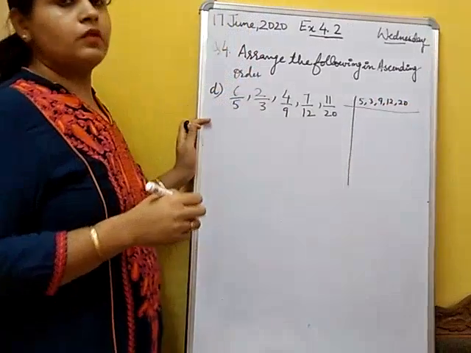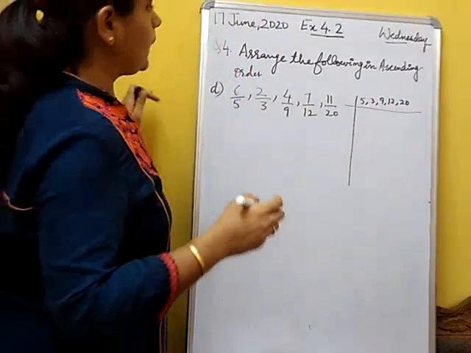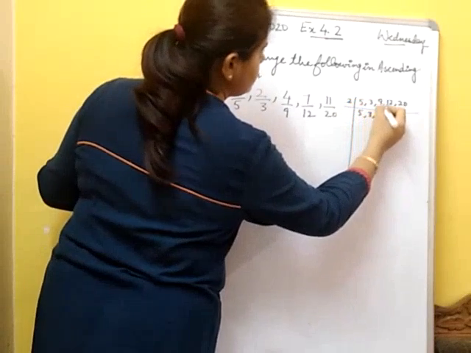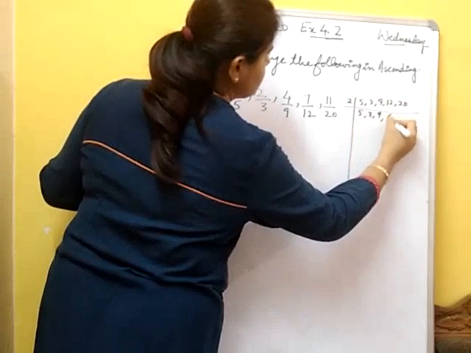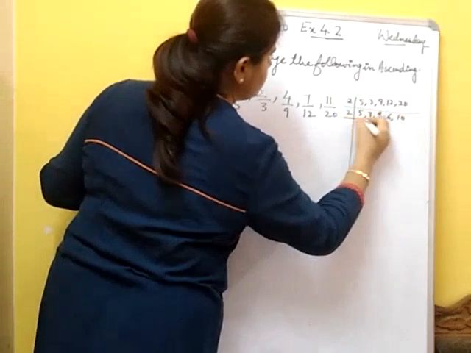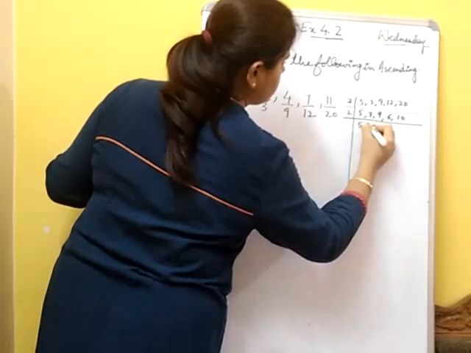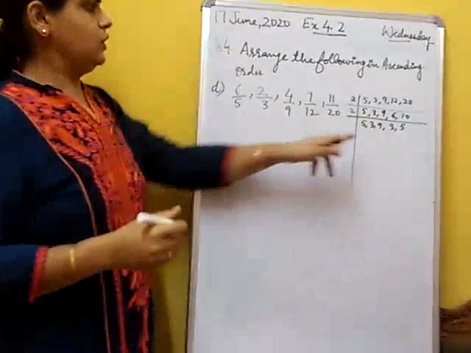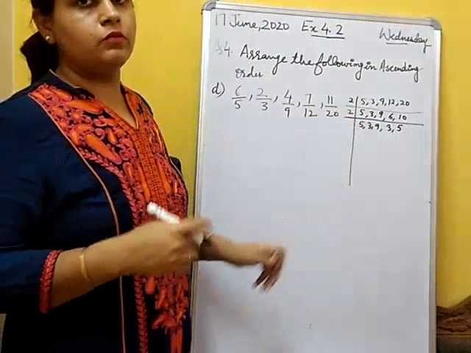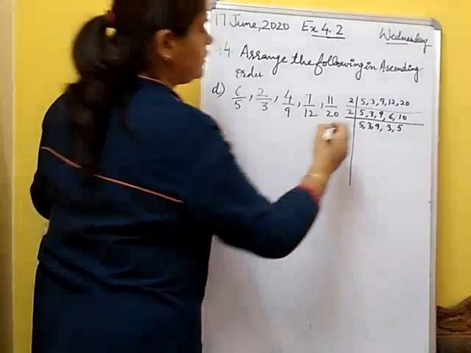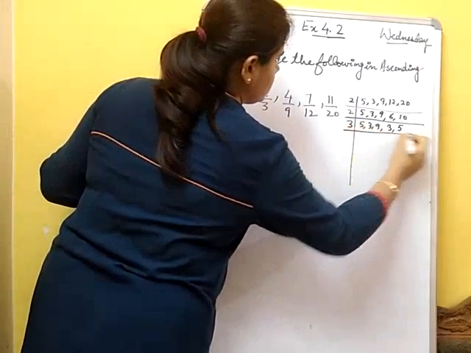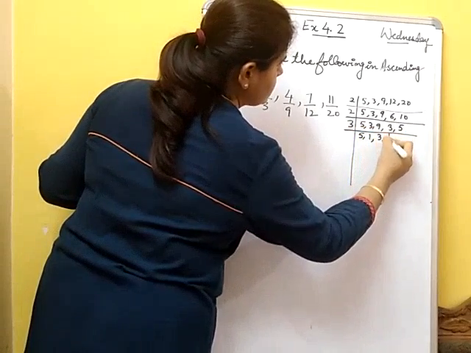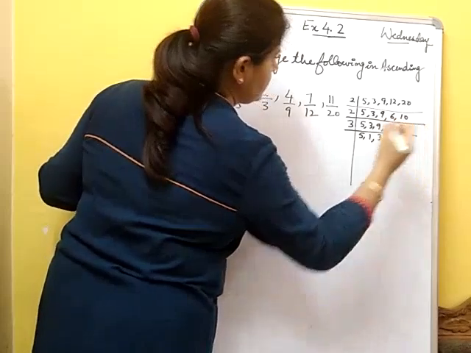So we will start with the smallest prime number, that is 2. 5 will remain same, 3 will remain same, 9 will remain same, 6 and 10. Again it will go on 2, 5, 3, 9, 3, 5. Now no even number is there, so we will move to the next prime number, that is 3. 3, 5 as it is, 3 ones are 3, 3 3s are 9, 3 ones are 3 and then 5 as it is.